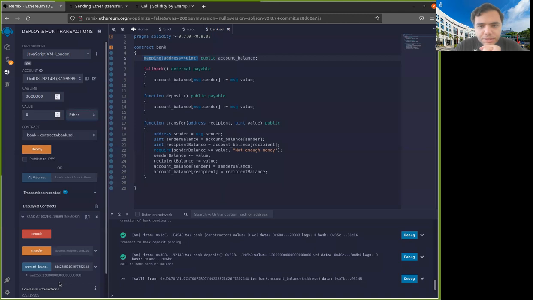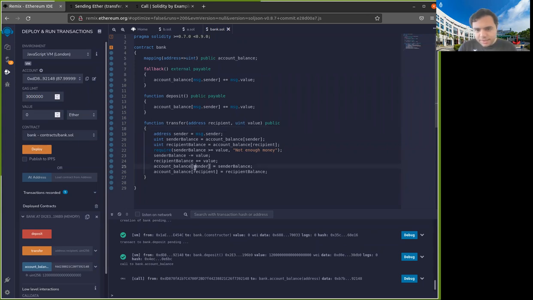Now, I want to have a situation where I get free money. What can I do? So consider this function transfer. What does this function do? It takes a bunch of money from one account and puts it in another account, right?